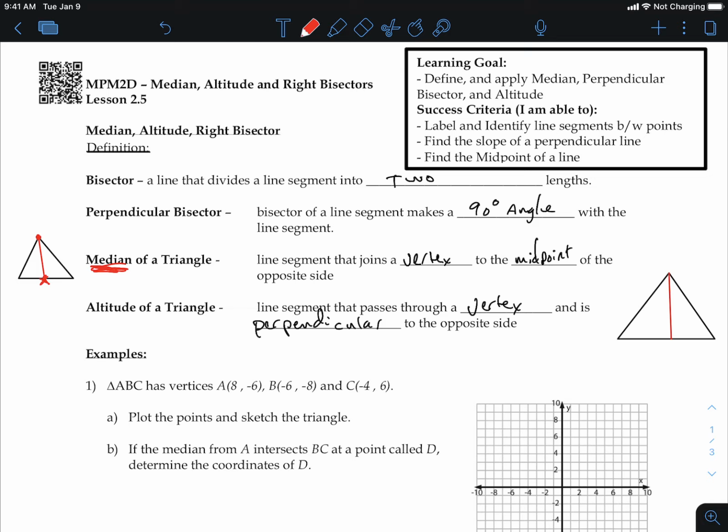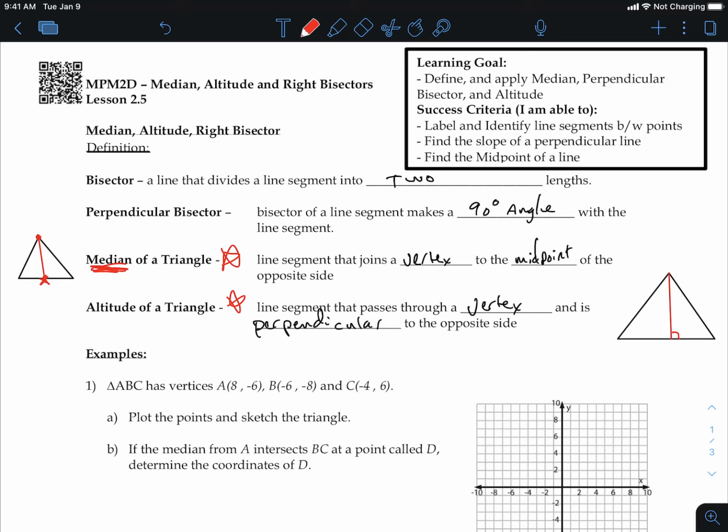This is not necessarily the midpoint. It does meet at a 90-degree angle. These two things are different. One meets at a 90-degree angle, the other one just goes straight to the midpoint. They can be at a bit of an angle. You see how this one on the left is a little bit at an angle?